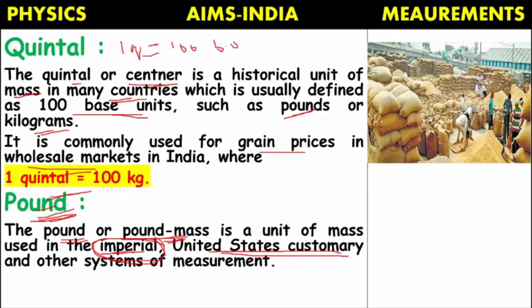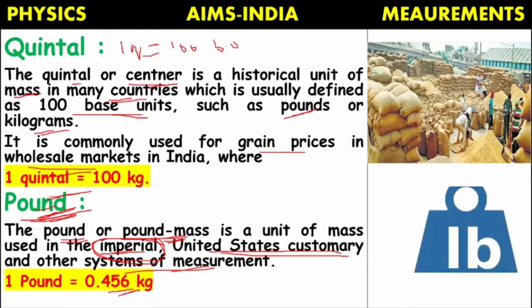In the imperial system and the United States customary and some more systems of measurement, they still make use of pound instead of kilogram as a unit of mass. So 1 pound is less than 1 kilo, which is equal to 0.456 kilograms. The symbol for pound is LB.